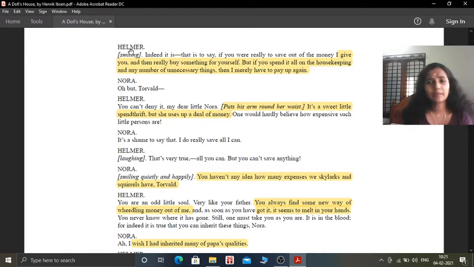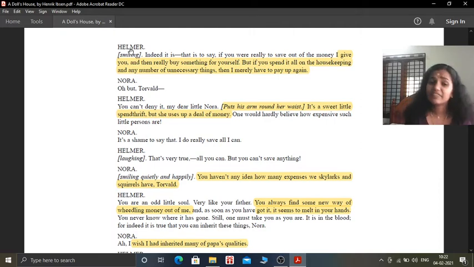You can't blame the wife, and yet he does. I know my wife. Sometimes she's too expensive. She said it is a shame to say that I don't really save all I can. Don't blame me like that. Even I know how to save money and I'm saving that too. And if you don't want to give me money, then why are you giving such lectures?